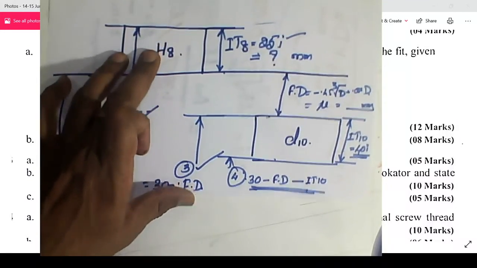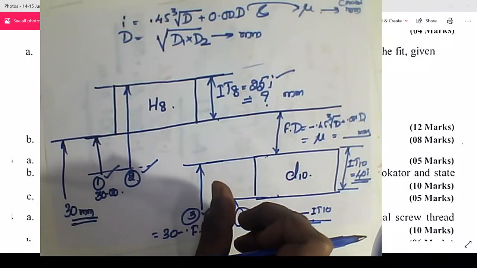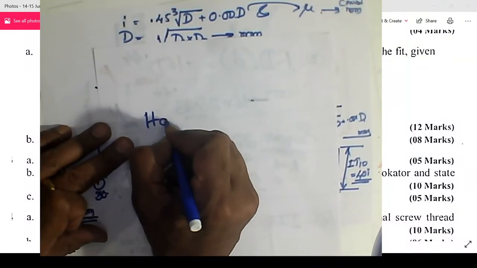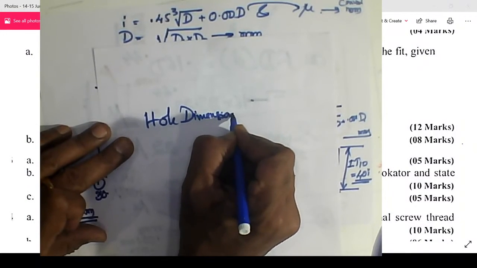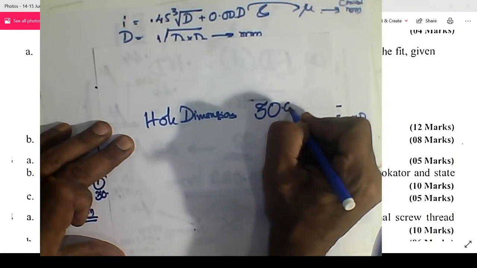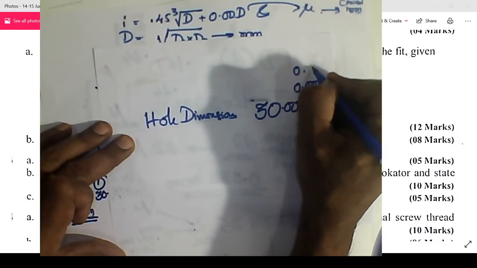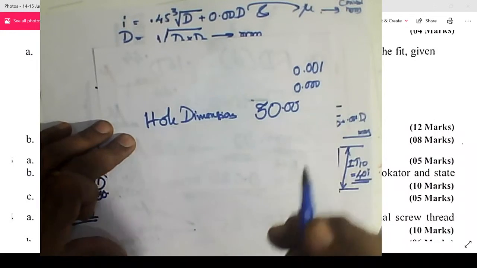This is the sketch, and you write down the values of hole dimensions: 30.00, and the other is 0.000-something, 0.001 if I am not mistaken.